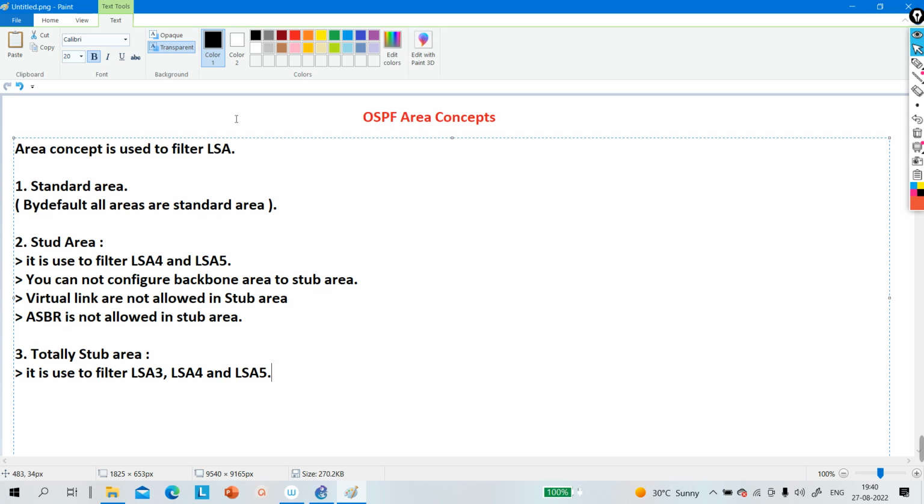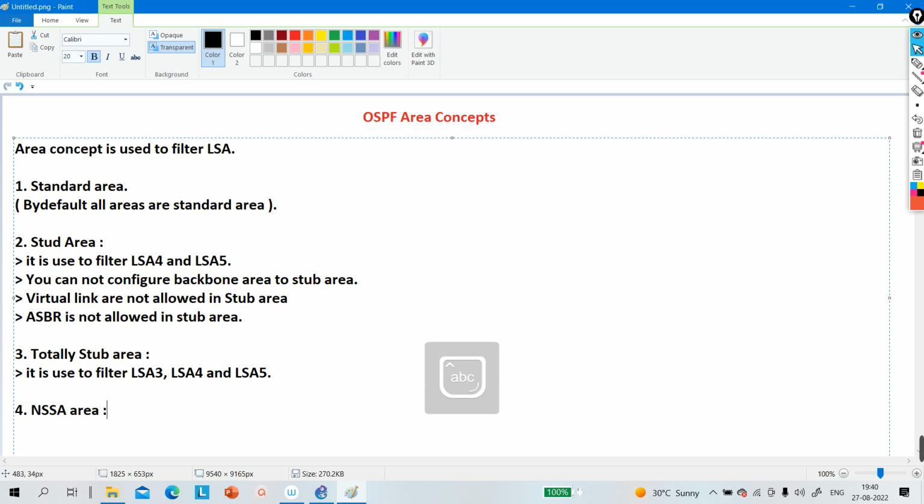So what will happen if there is an ASBR in my area where I want to reduce the size of the database? For that scenario, we have a fourth type of area, that is known as NSSA area.